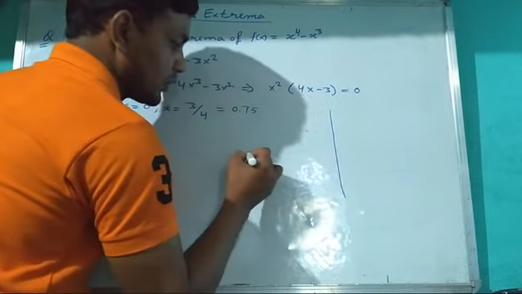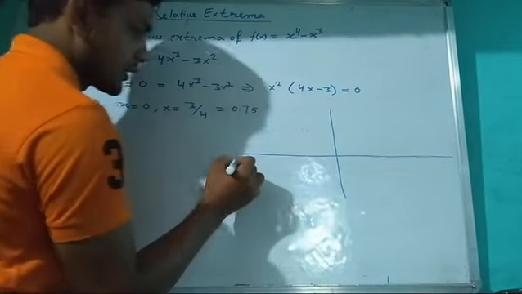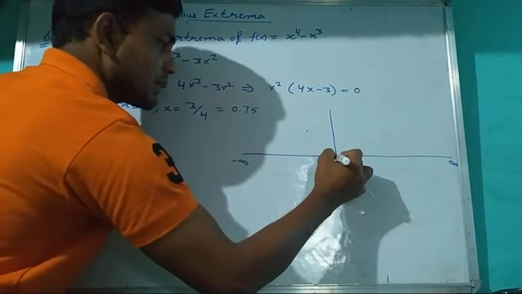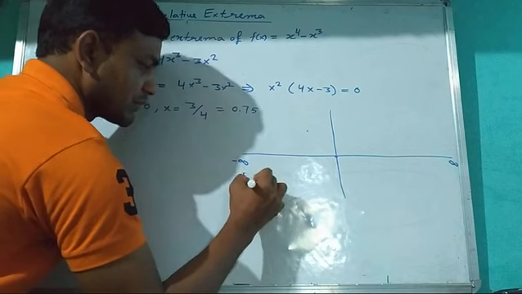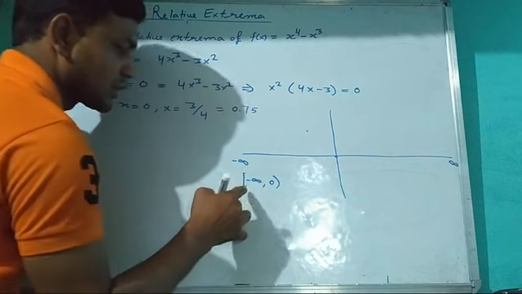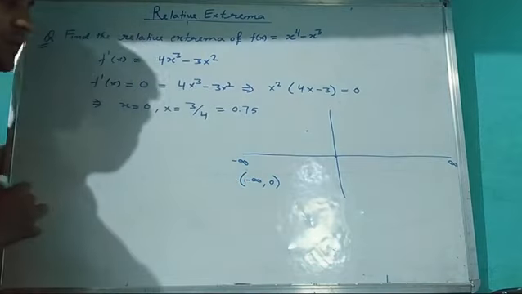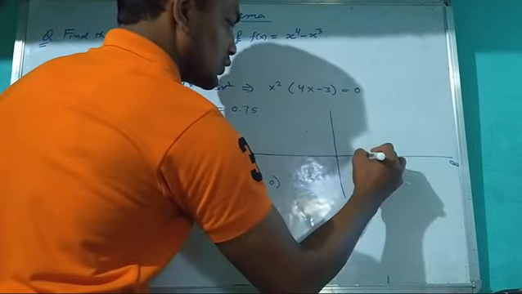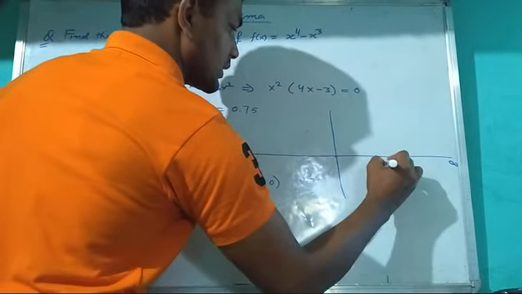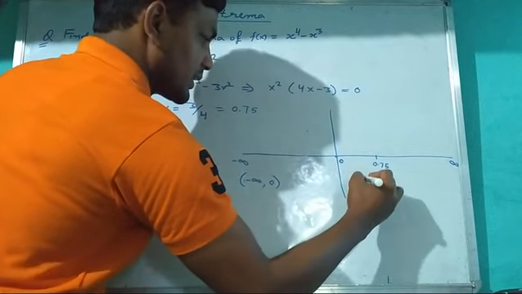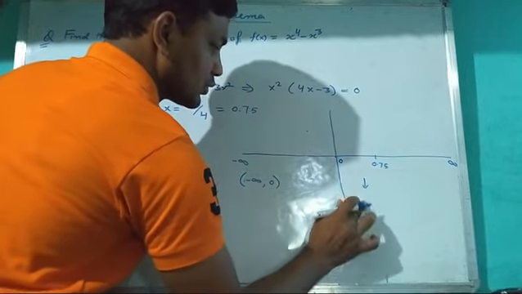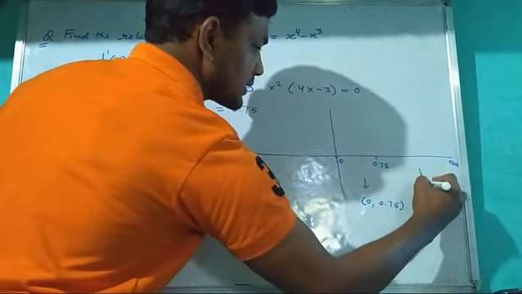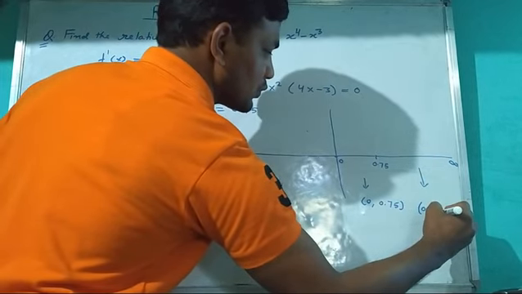Graphically, we have the number line between minus infinity and infinity divided into intervals: one interval is minus infinity to 0, the second interval is 0 to 0.75, and the third interval is between 0.75 to infinity.